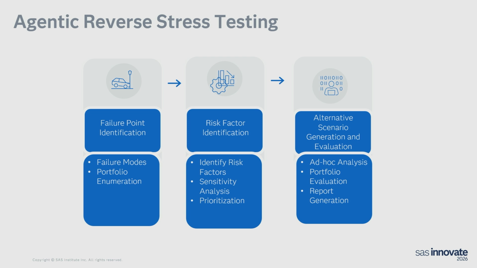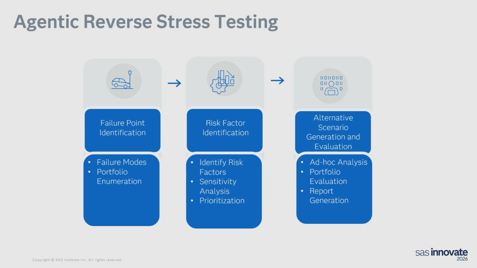Once we have the failure points, we want to identify the risk factors that are going to cause these failures. And once the risk factors are identified, we want to generate alternate scenarios and evaluate the portfolio for these different alternative scenarios.